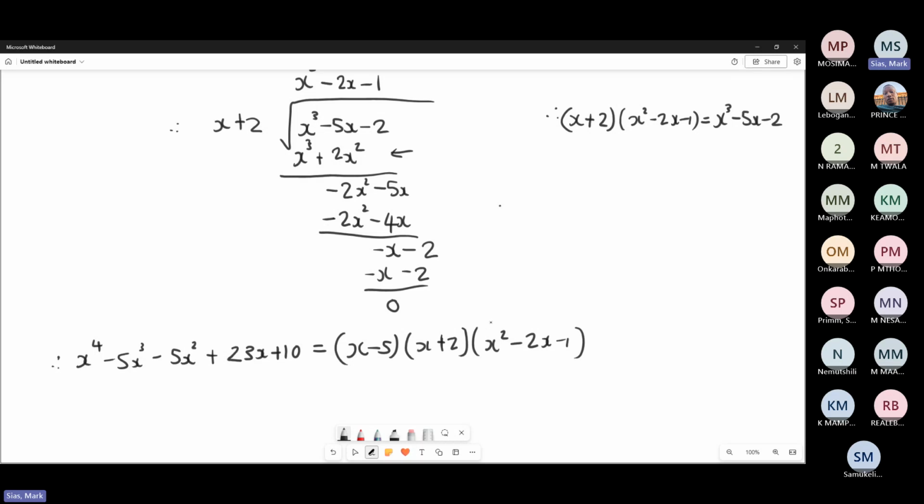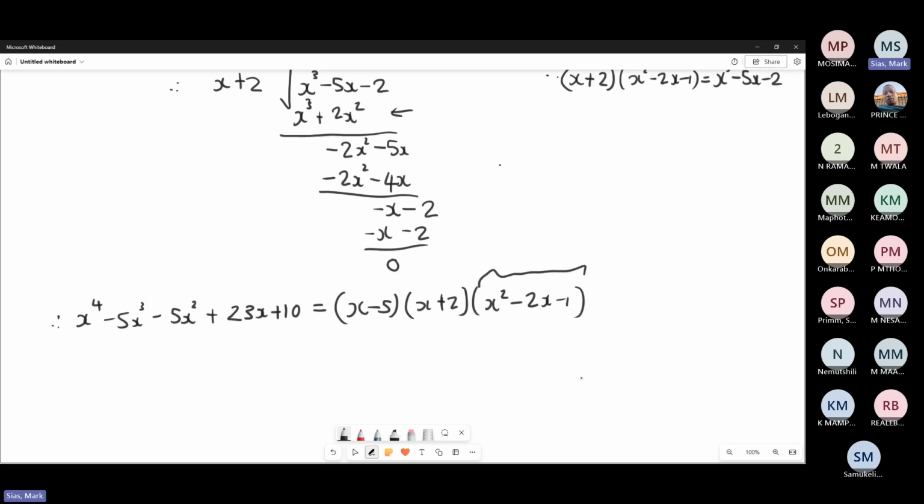But here, when we use the quadratic formula, you will see that 2 irrational roots will come up. The one root, when you use the formula, x equal to minus b plus or minus the square root of b squared minus 4ac over 2a. I want you guys to practice it quickly and check if you agree.